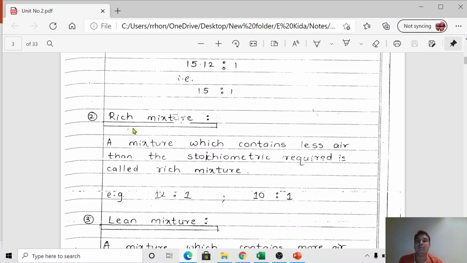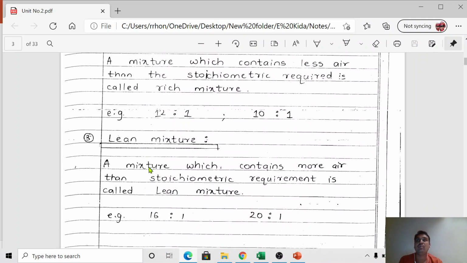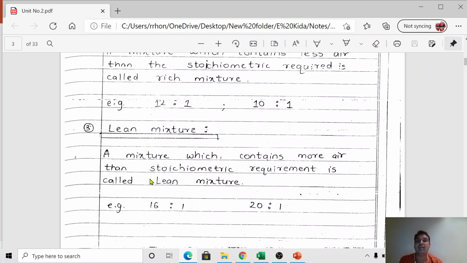And when we supply the rich mixture, the engine speed or engine power increases. Similarly, the lean mixture is for riding the bike at a constant, low speed.